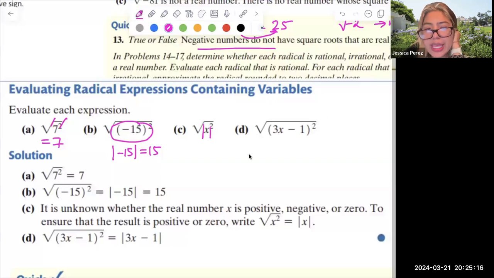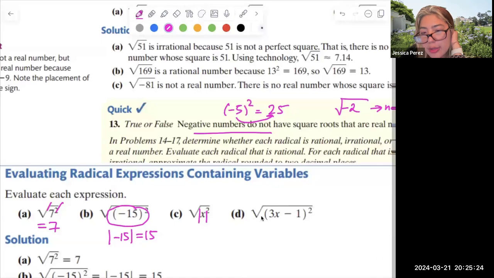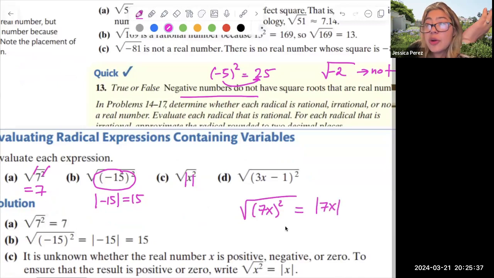And then D, what would be the answer for D? Well, you can see it, but we don't know the value of this X. So that's going to be the absolute value of 3x minus 1. So please don't forget that. If I say the square root of 7x squared, the answer would be the absolute value of 7x, because I don't know what X is.